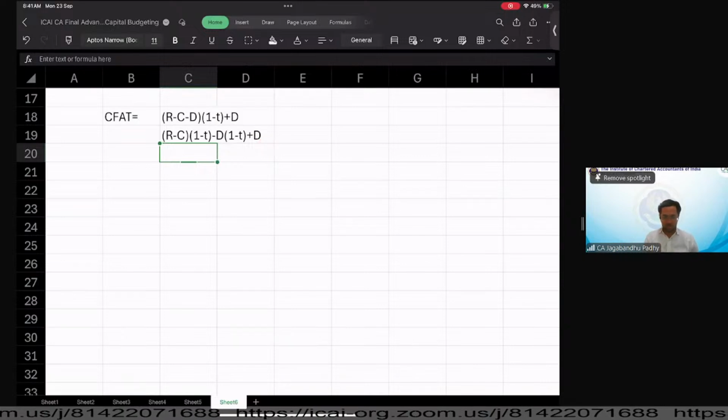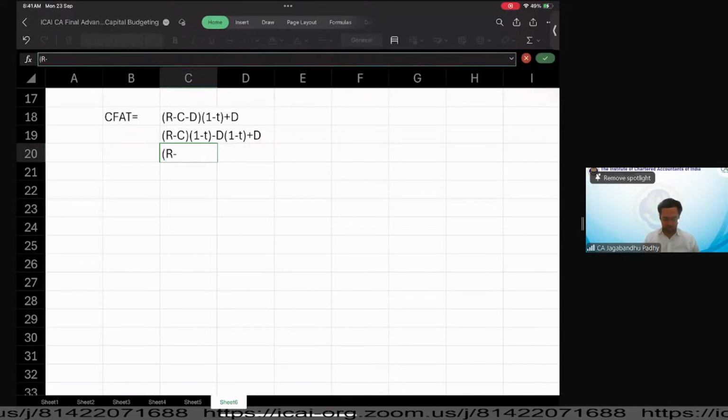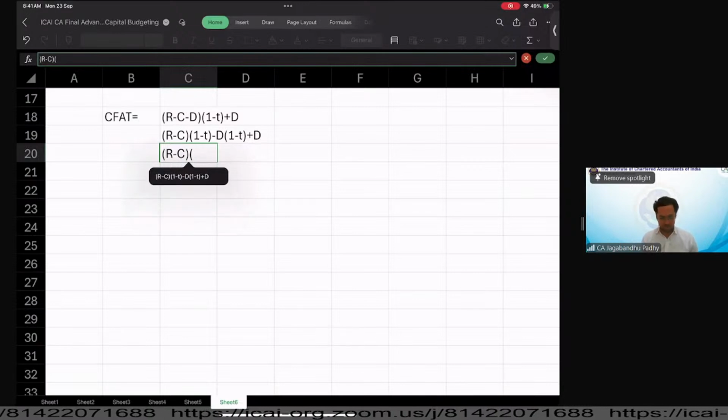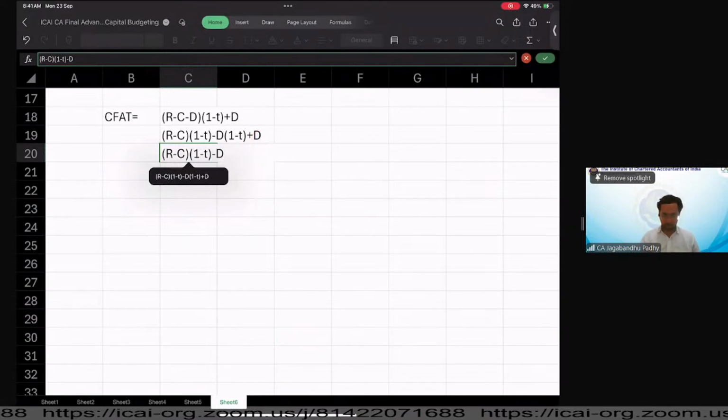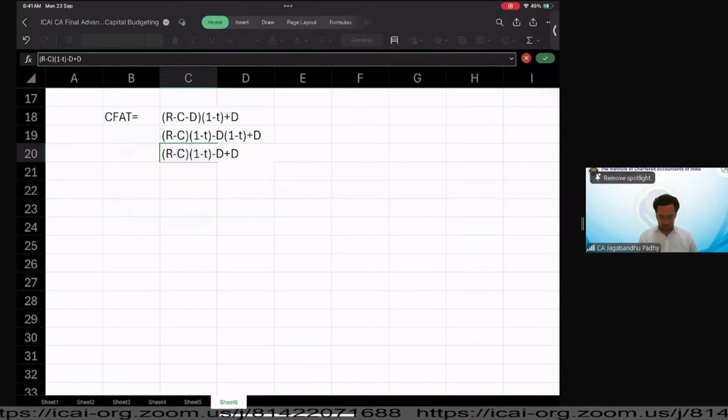Okay, so if I just break it open further, I say revenue minus cost into 1 minus t. When we open this entire bracket, this will be minus d multiplied by t plus d.